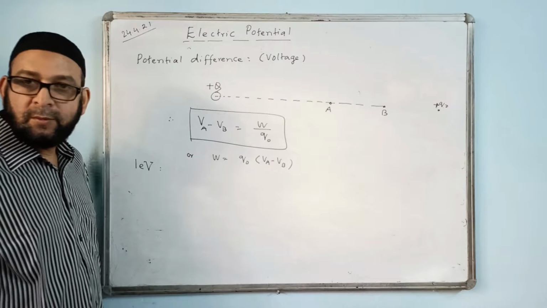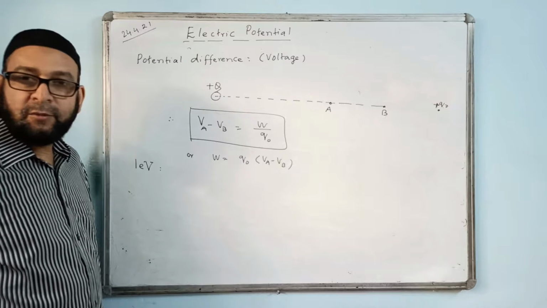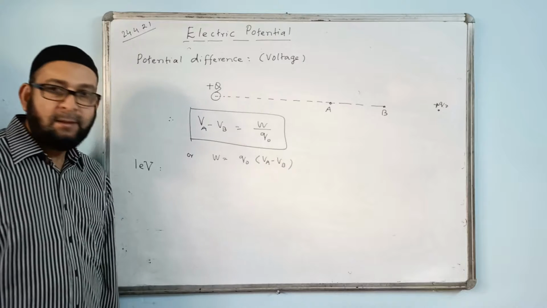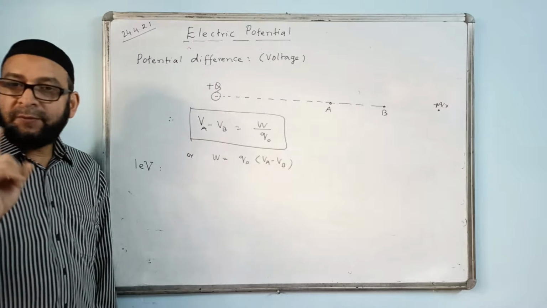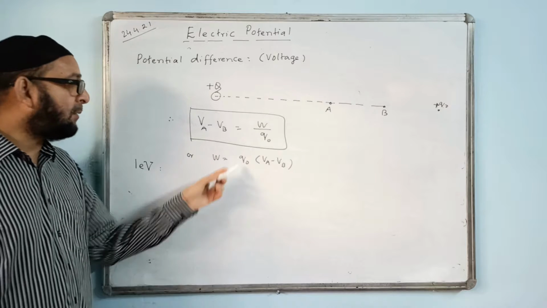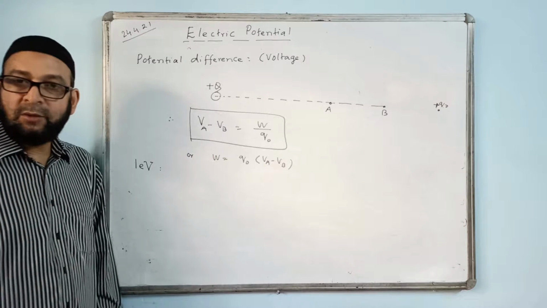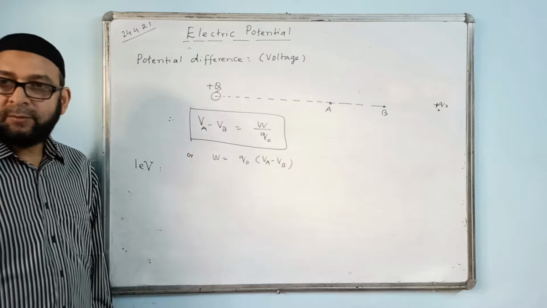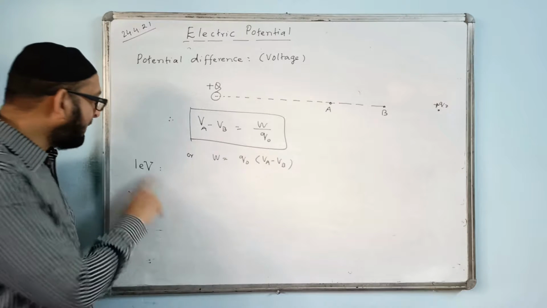How to define 1 electron volt? We said it is the amount of work done, which is the energy actually. It is the energy gained by an electron.